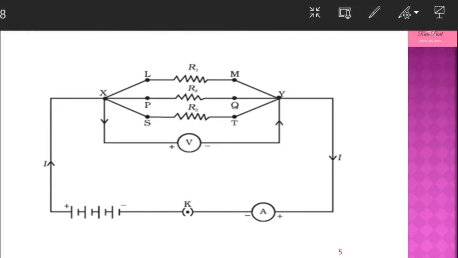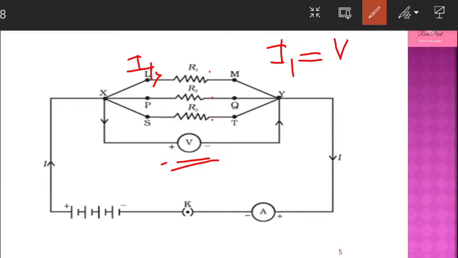Here, this is the current I1. So how will I write the expression for I1? I1 is equal to, what is the voltage? Voltage is the same, no? For R1, R2 and R3. So this is V divided by, what is the resistance? R1. So I1 is the current flowing through the R1 resistor, so I1 is equal to V divided by R1.